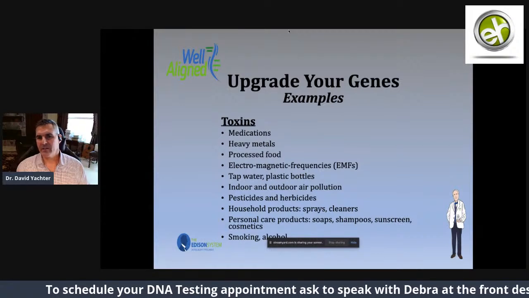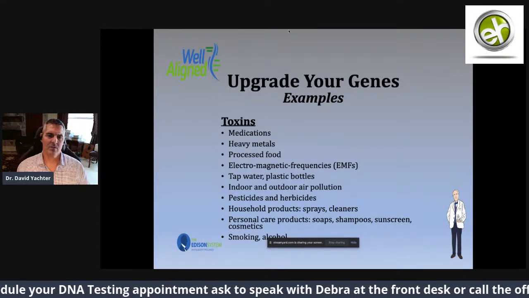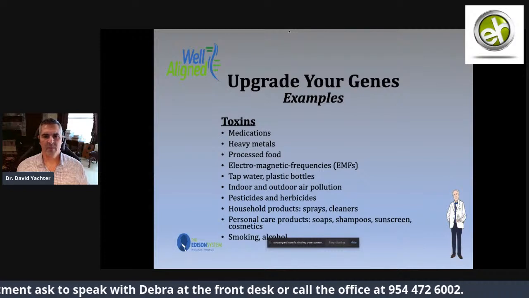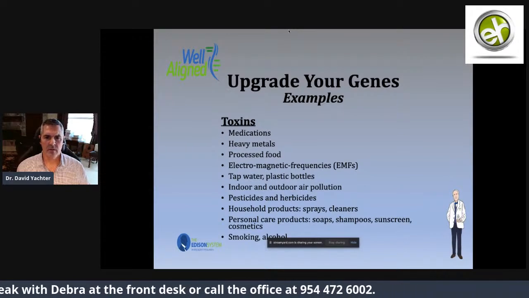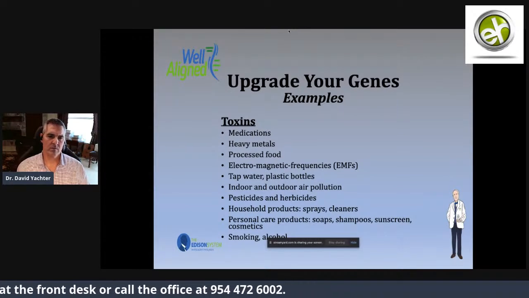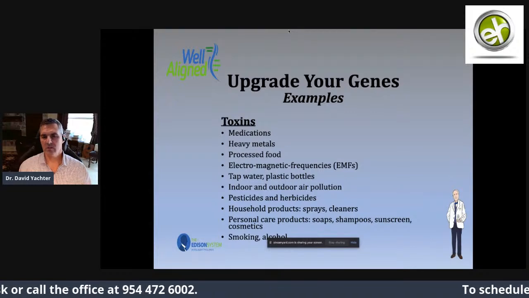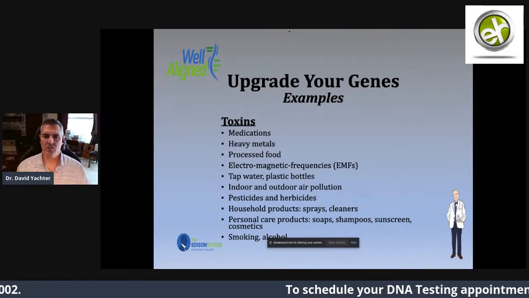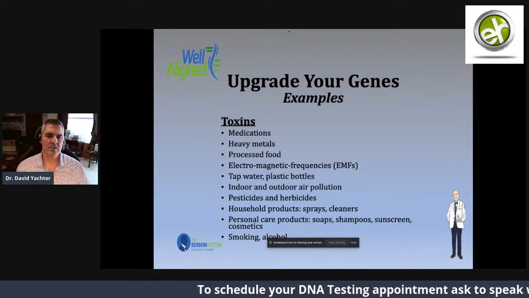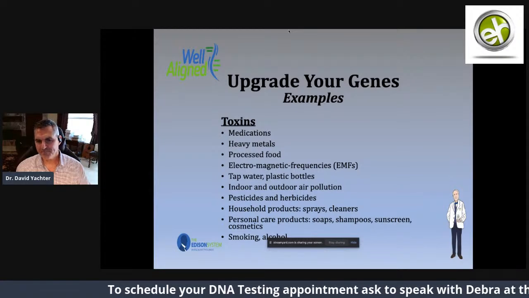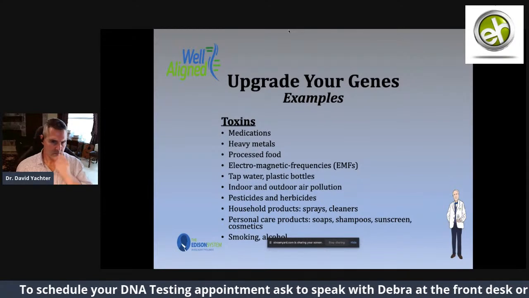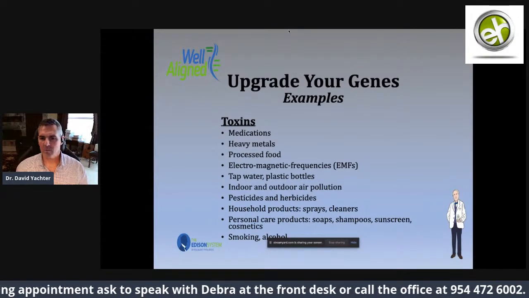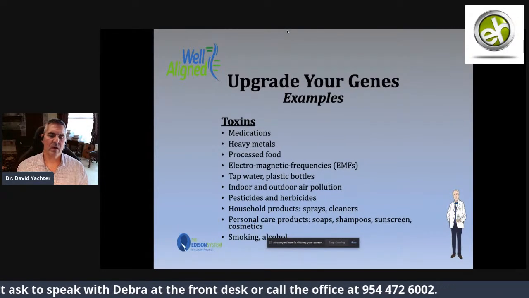Another example of upgrading your genes is looking at toxins, which will affect the expression of the DNA. How many medications is an individual on? Are there heavy metals, lead and mercury we talked about, and where they come from in our last video message? Processed foods, electromagnetic frequencies from our phones, TVs, tap water, lead in the water, plastic bottles, indoor and outdoor air pollution, pesticides, herbicides.